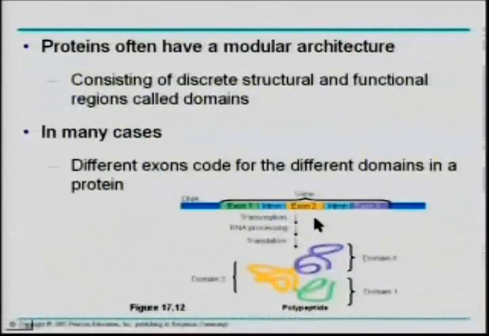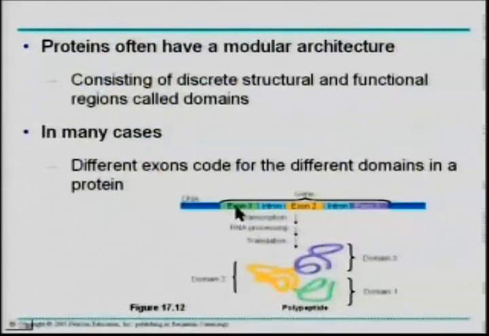So you can see that if there is an alternate splicing to this where exon 2 was not retained, then you would have only the domains 1 and 3 in the protein. They would be linked directly, and domain 2 wouldn't even be present.